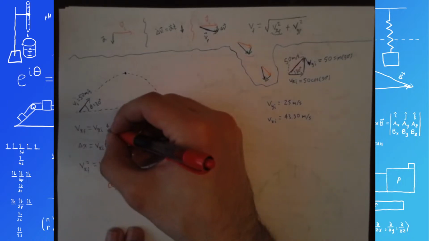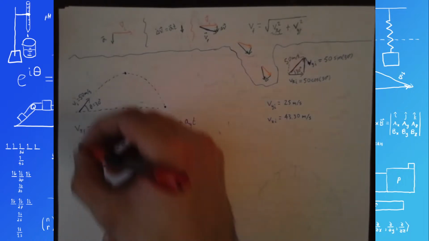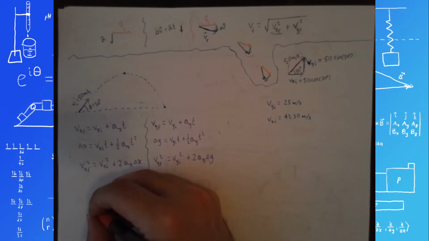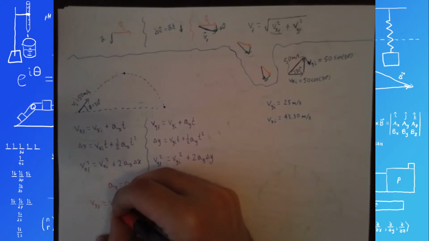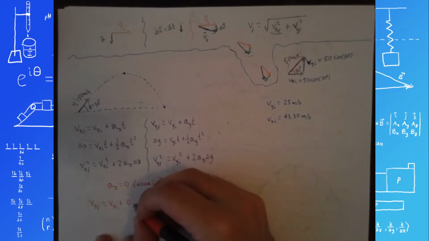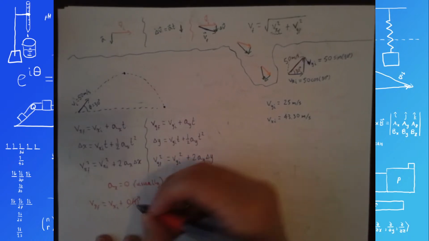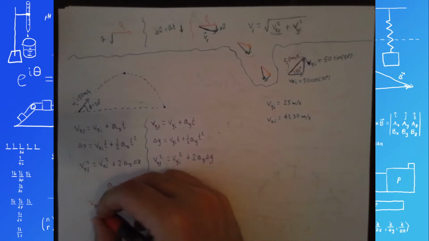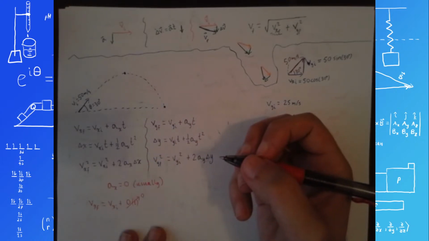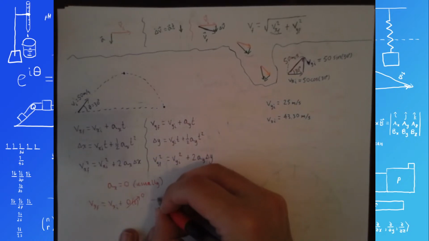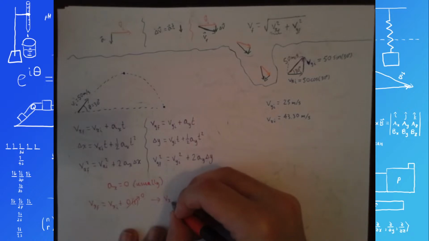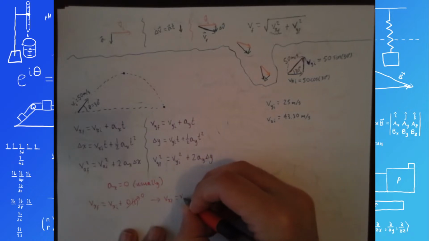So first, if the acceleration in x is 0, then we can take that first equation and say Vx final equals Vx initial plus 0 times t, which tells us that Vx final equals Vx initial.